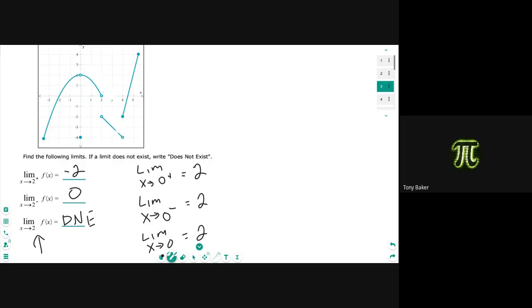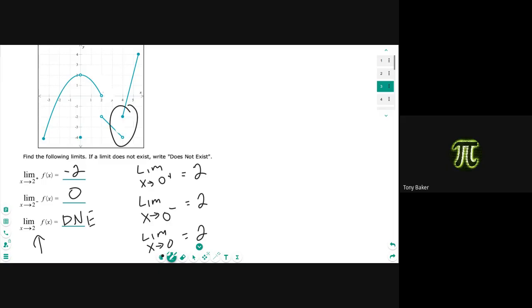What about the discontinuity at 0? Yes, that is removable because technically that answer could have been there. The one at 4, would that be removable or would that be a jump? The 4 would also be a jump because there's a break there. So the difference is on a jump discontinuity, there's nothing that I can put in place to eliminate that gap.